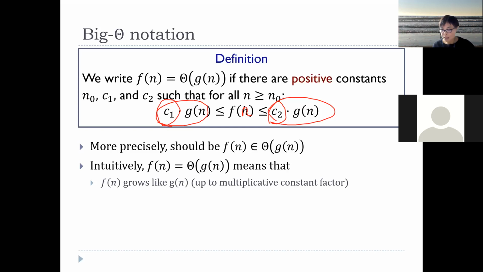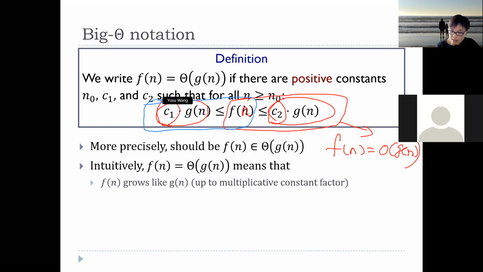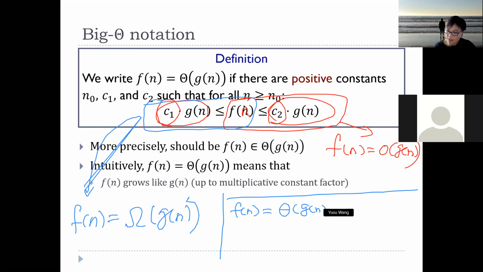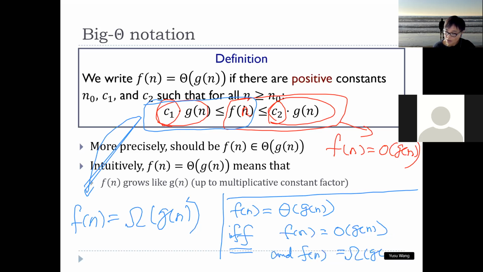As you see from this definition, this part means that f(n) is in big O of g(n), and this part means that f(n) is in big omega of g(n). In other words, what I claim is that f(n) is in big theta of g(n) if and only if f(n) is in big O of g(n) and f(n) is in big omega of g(n).